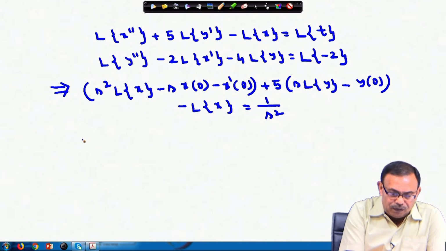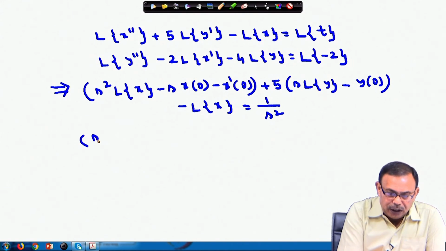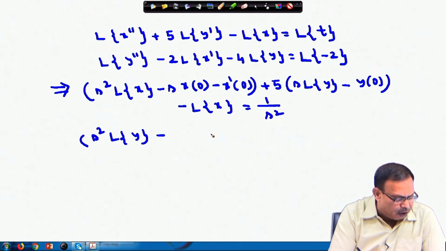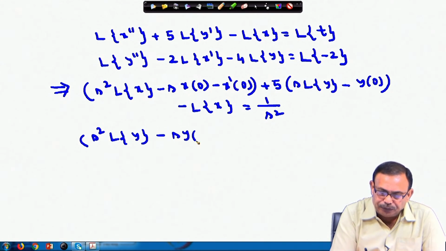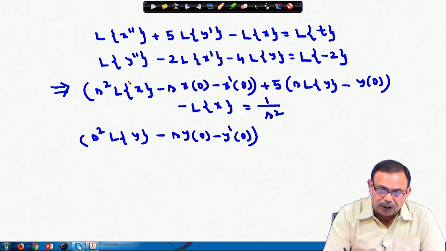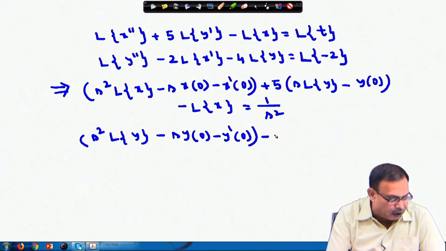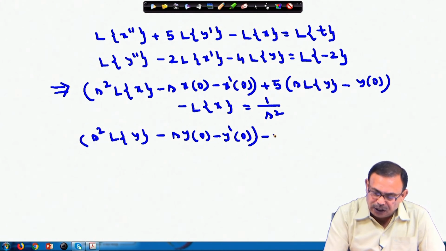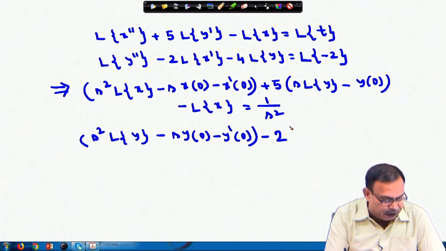And similarly, for this one I will obtain s square Laplace transform of y minus s y 0 minus y dash 0. This is for Laplace transform of y double dash, minus 2 into Laplace transform of x dash.